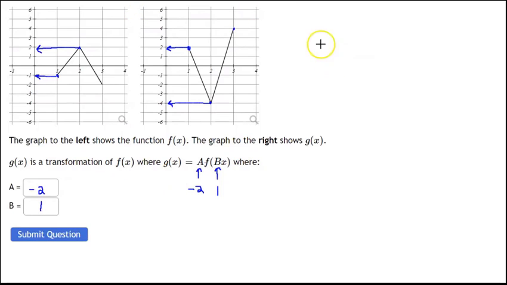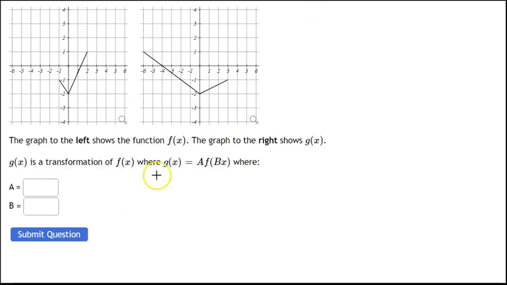All right, now let's look at a similar question where we have, again, a graph on the left, which we're calling f, and a graph on the right we're calling g, where again, g is a transformation of f, and where it is a combination of vertical and horizontal stretches or compressions.